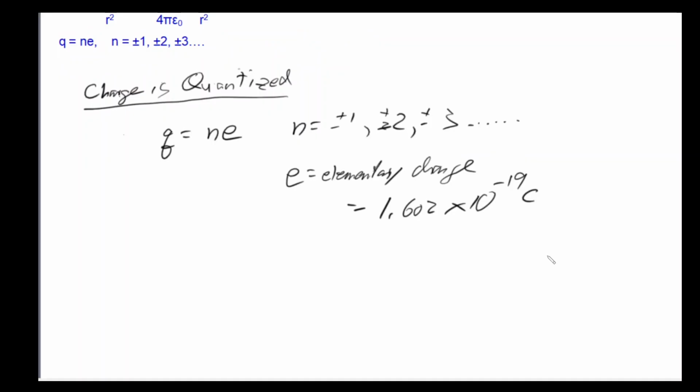So, in other words, all charges are an integer multiple of E, because N could be 1, 2, 3, or 4. So, if an atom has a charge of plus 1, plus 2, plus 3, that is the quantized number.